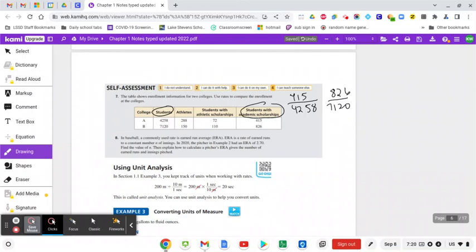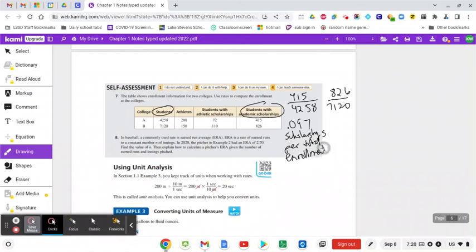So now I'm going to divide those two numbers. So I got 0.097 for that one, and that would be scholarships per total students. And then I'm going to do 826 divided by 7120, and I get 0.12 scholarships per total enrollment. So you can see College B, it looks like they're giving out more scholarships compared to the total enrollment compared to College A.